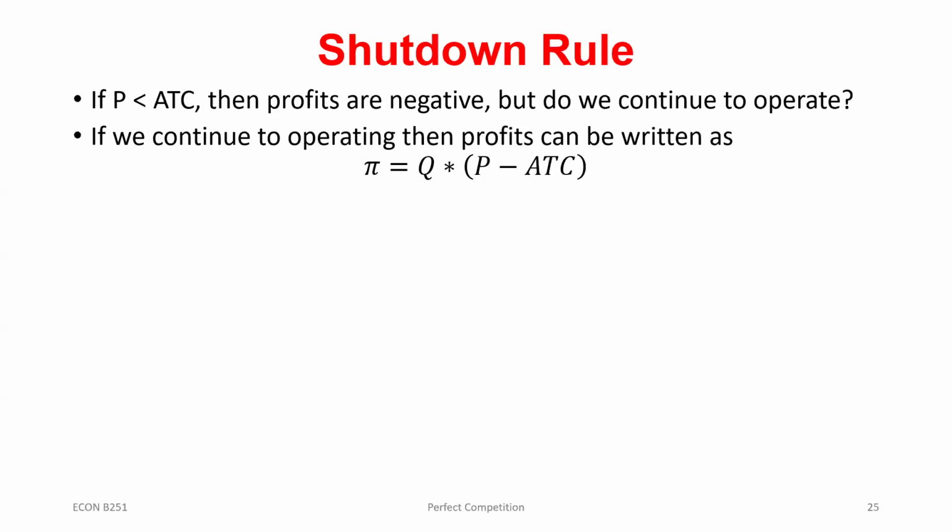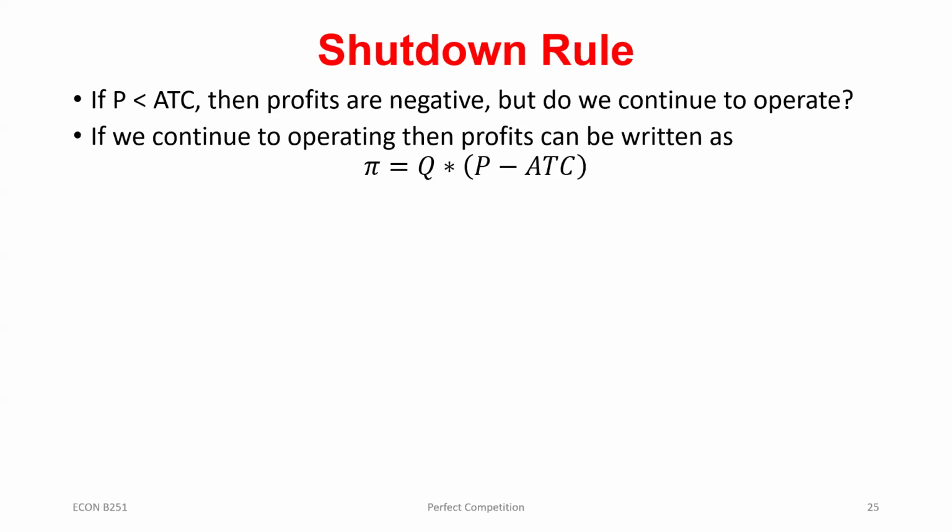If I stay open, what would this be? 10 times 10, which is 100, minus that $1,000. My profits are still negative, but they're a smaller negative value. So here is an example where if price is above my average variable costs, I'm actually maximizing profits. They're still negative, but they're a smaller negative value.